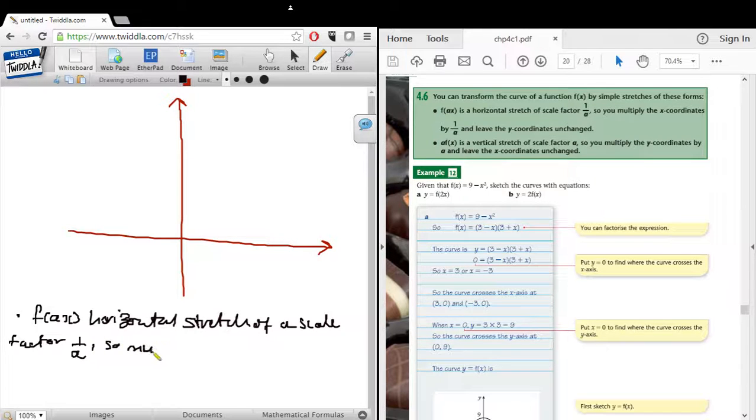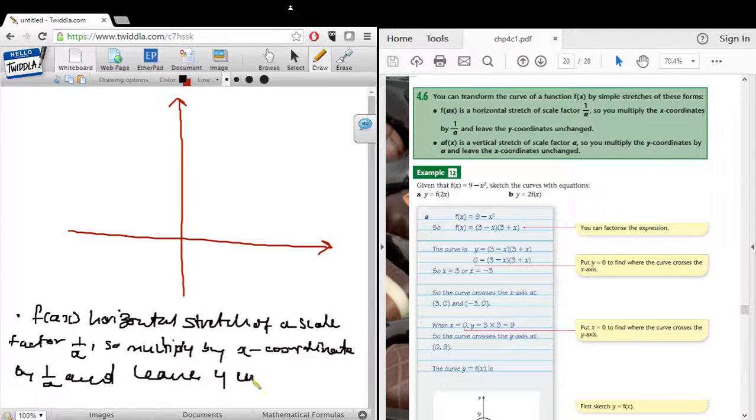So multiply the x coordinate by 1 over a, and leave y unchanged. Okay, so they've given you an example here.